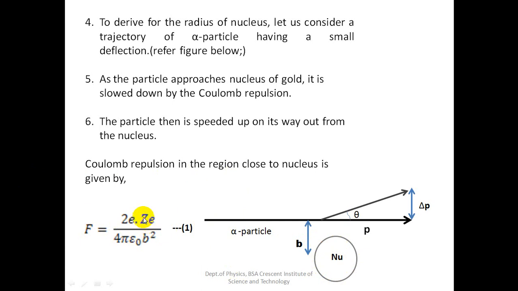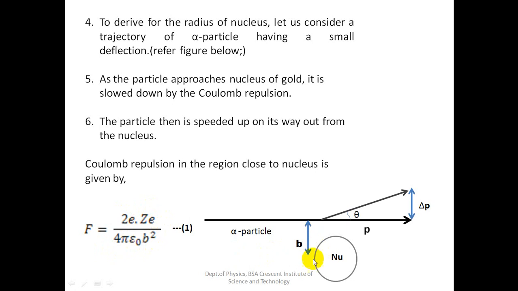So we keep Z, and e is the charge of the proton. And what is the other particle? The other particle is the approaching alpha particle, whose charge is 2e, because an alpha particle is nothing but the nucleus of the helium atom. So there are two protons in it. So 2e times Ze, the magnitudes of the charges undergoing the impact, divided by 4 pi epsilon naught.